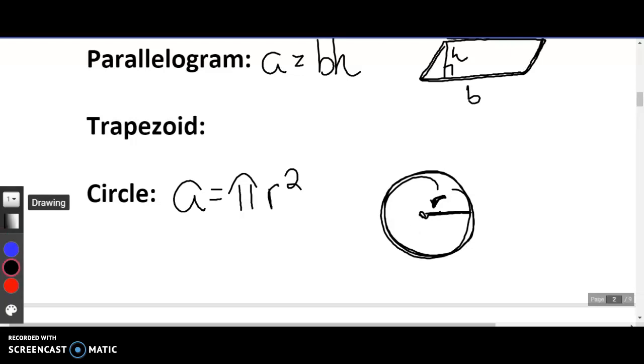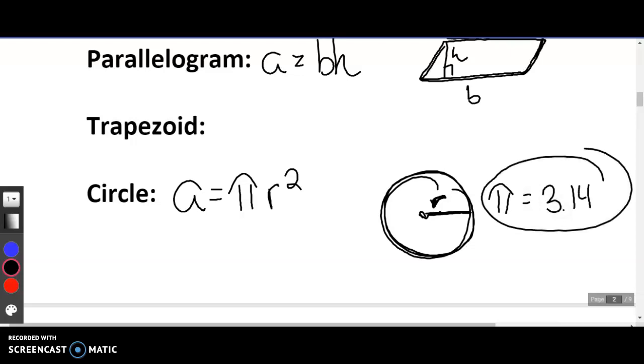That's the first thing. And also, from here on out, for the rest of this school year, you're going to use the number 3.14 for pi, only because different calculators have different pi equations. We're just going to keep it safe and simple and use 3.14 for pi. And back to the trapezoid.